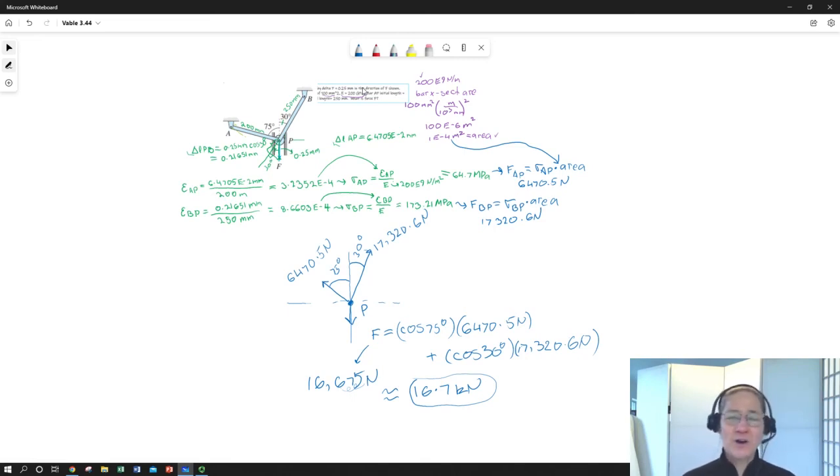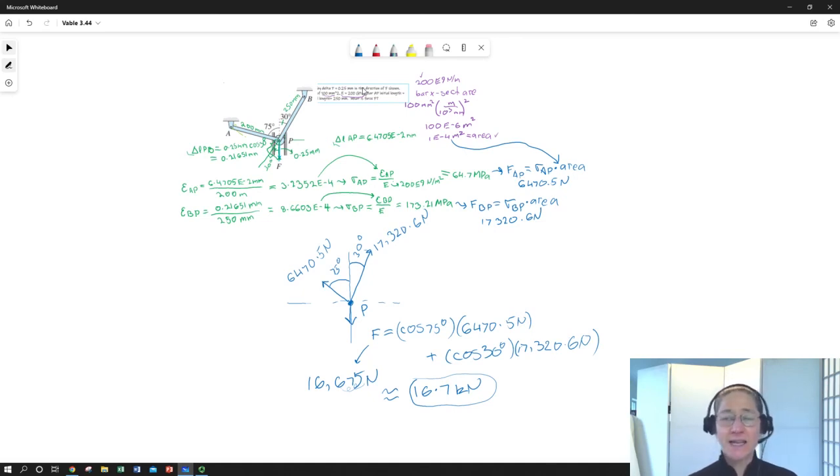We made our geometry easier by using our small angle approximation. So we got a change in length. We knew the original length, so we were able to get strains, axial strains in both. We had the modulus of the bars, so we were able to get stress in both. We had the cross-sectional areas of both bars, so we're able to translate that stress into force. Then we did an FBD.